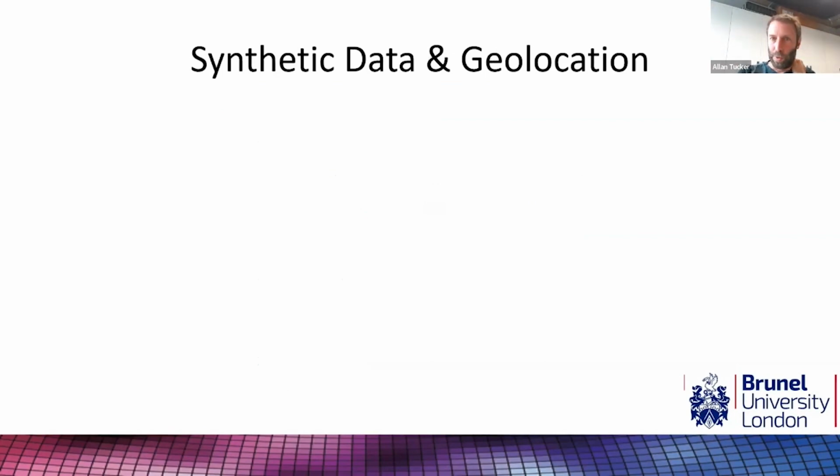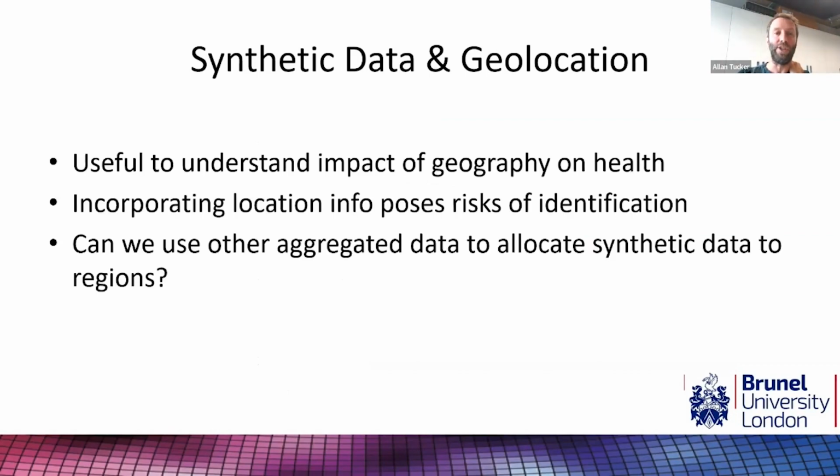Okay, the next thing I want to talk about is geography and location and the relationship with synthetic data. So it's clearly useful to understand the impact of geography on health. However, if we incorporated fine-grained location information from CPRD into our synthetic data generators, we really run the risk of a much higher risk of identification of individuals.